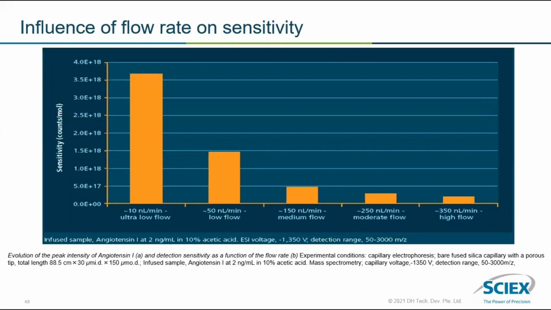And then when we go towards the low flow rate, which is 10 nanoliter per minute, an ultra low flow rate which can be achieved by using the CESI technology, the sensitivity is significantly improved. So that means when we decrease the flow rate and use a very low flow rate, the sensitivity is increased. And this is the main advantage of using CESI connection with the mass spec for peptide analysis.